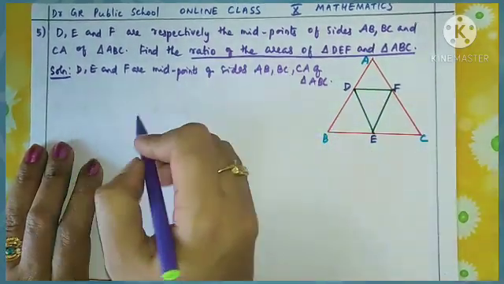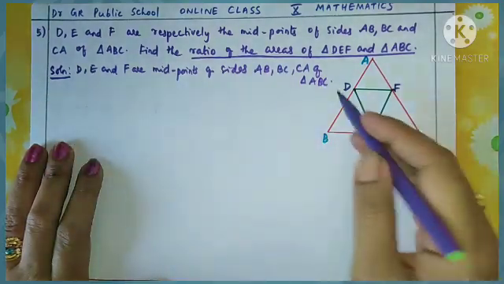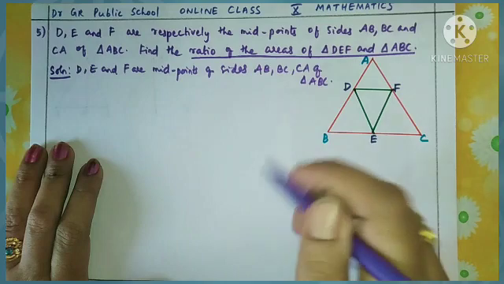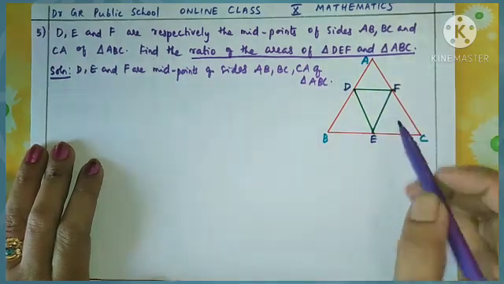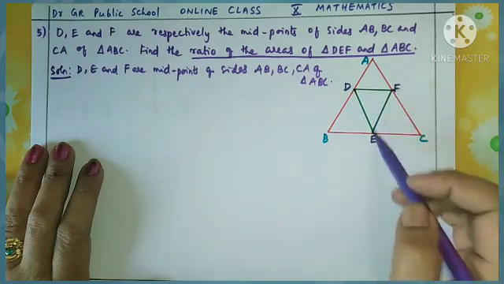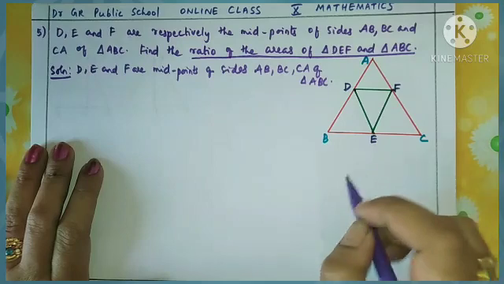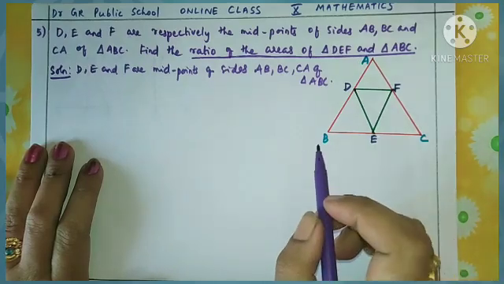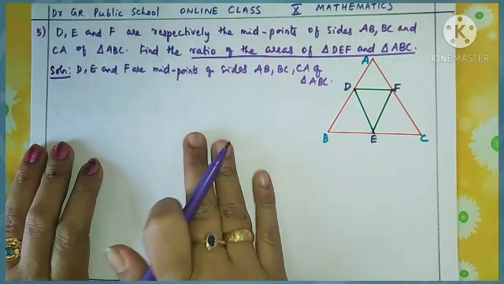Now we want to find the ratios of these two triangles. Because this is given, D, E and F are the midpoints of these three sides, here we are going to apply a very important result. Then only we can proceed the answer of this problem.